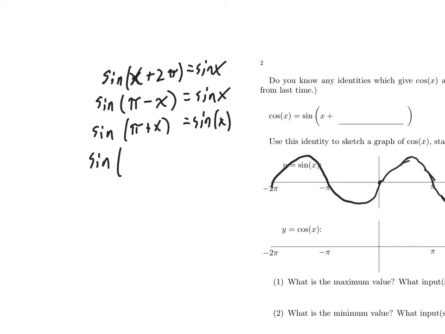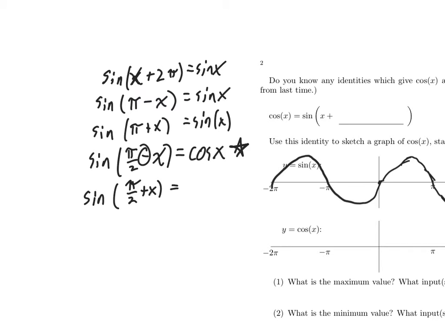Sine of pi over 2 minus x is the same thing as the cosine of x. That could be useful, except it has an annoying negative sign there, so I would need to shift left by pi over 2 and then reflect over the y-axis. So I won't use that. Instead, I'll use the final identity that we got last time, which says that the sine of pi over 2 plus x is the same as the cosine of x. There's the one that I'll actually use.